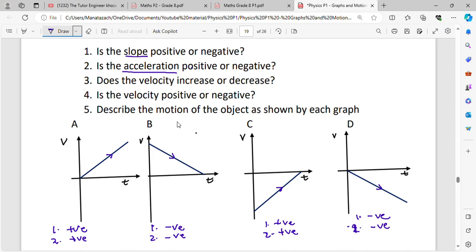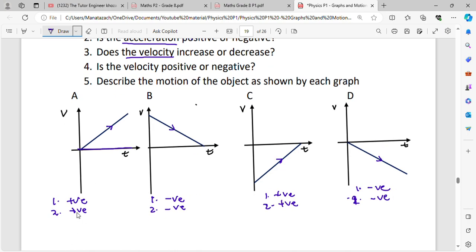Now number 3, does the velocity increase or decrease? So I want you to note something. When the graph moves away from the time axis, so this is the time axis, then we have the increase, right?